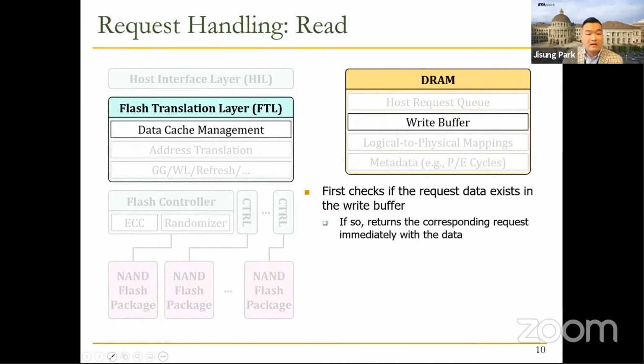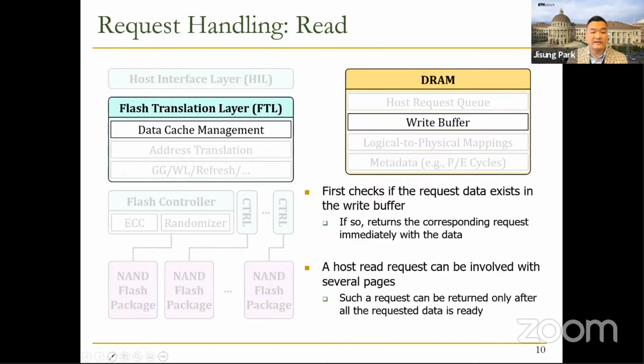Okay. So next, let's see how a read request is handled, which I believe is relatively simple. Once the host interface layer receives a read request, the FTL first needs to check if the requested data exists in the write buffer. And if so, the SSD can immediately return the read request with the buffer data.